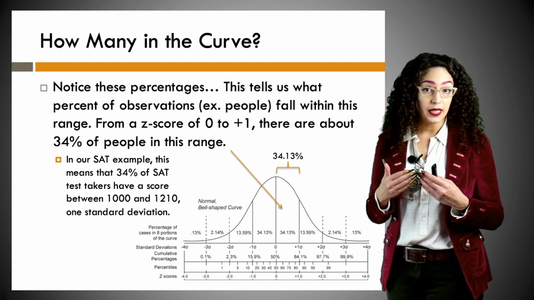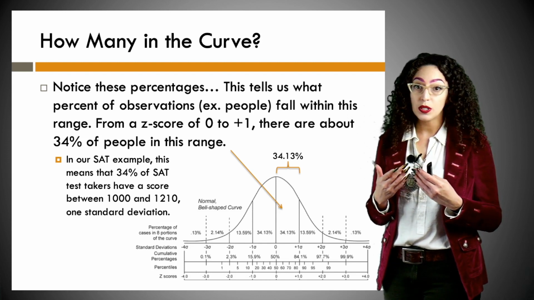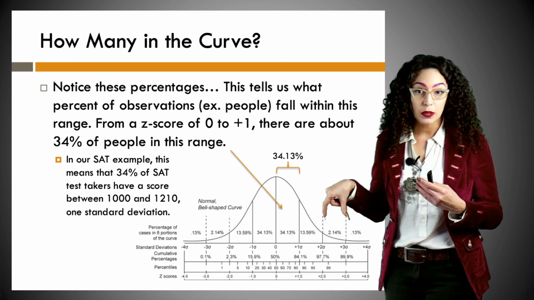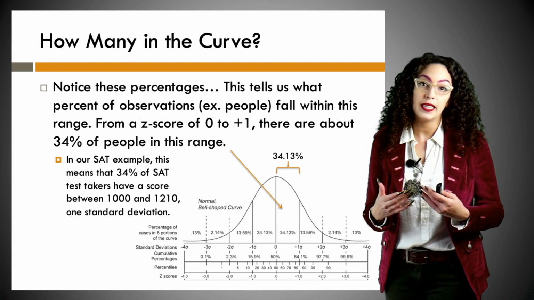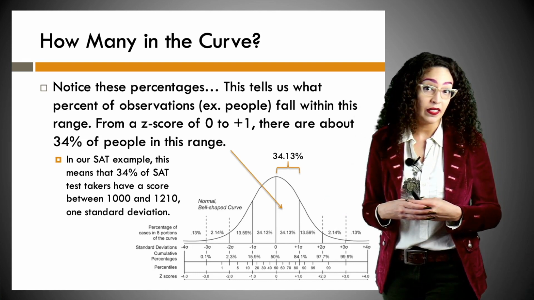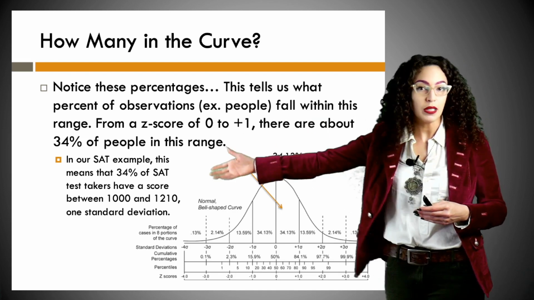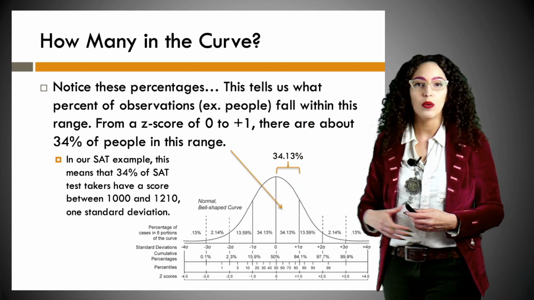We can also see that really extreme z-scores, like a positive 2 or positive 2.5, they're going to be way over here, and the amount of people who have z-scores in that range, much smaller percentage. And again, it's like somebody getting a 1555 on the SAT or that 580 on the SAT. So really, really high or really, really low, very few people score that high or that low.